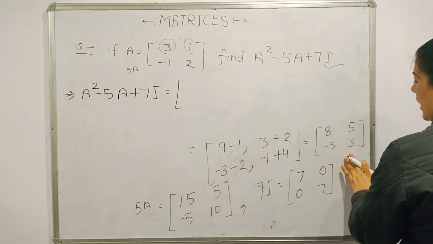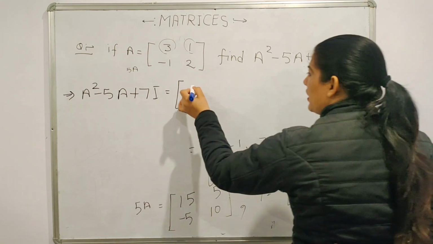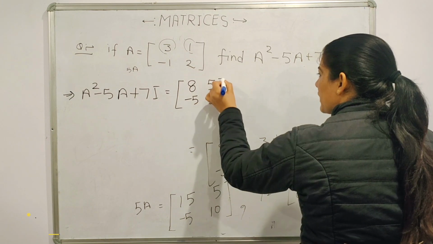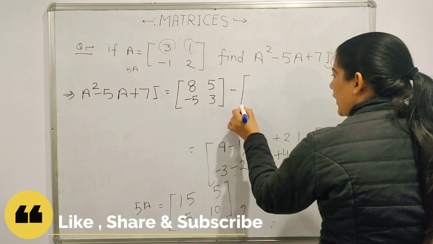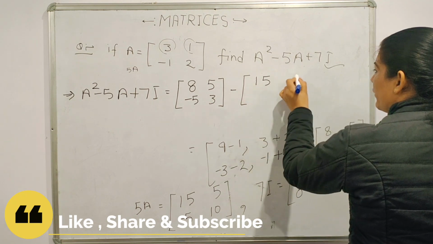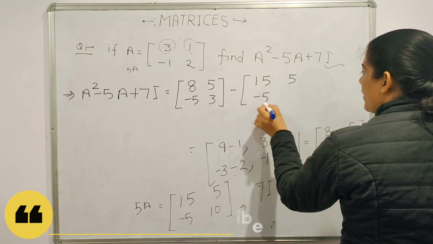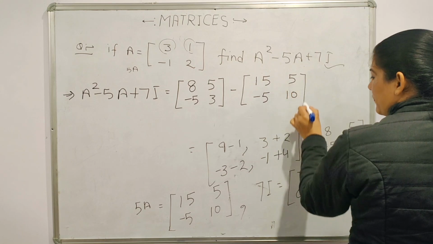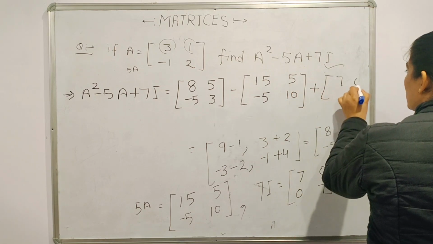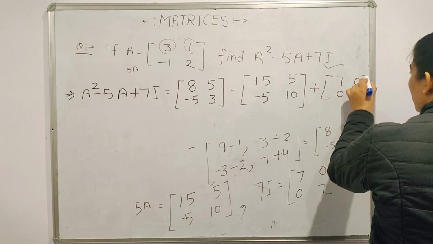That is here 8, 5, minus 5, 3, minus 5a. So 5a is this 15, 5, minus 5 and 10, and plus 7i, which is 7, 0, 0, 7.